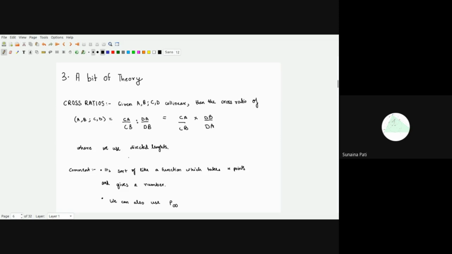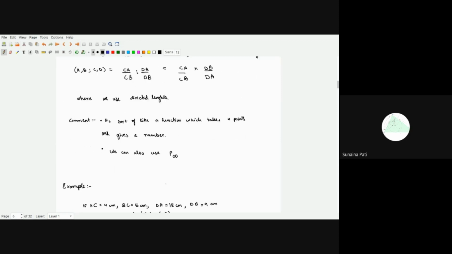The cross ratio is sort of like a function which takes 4 points and gives a number. This is like distance by distance and then distance. And we can also use the point at infinity in the cross ratios. Points can be anything you want of the projective plane.